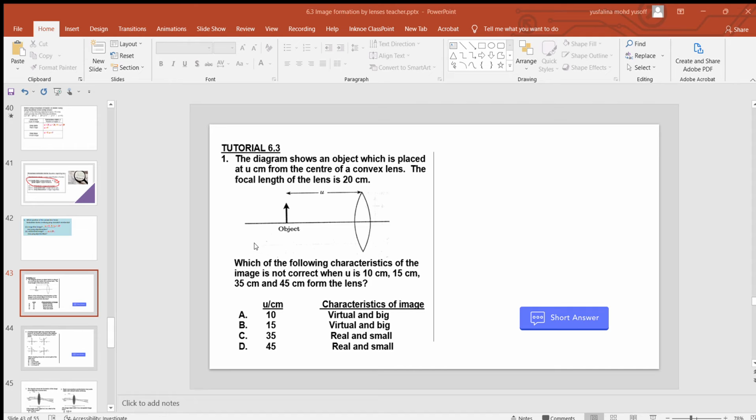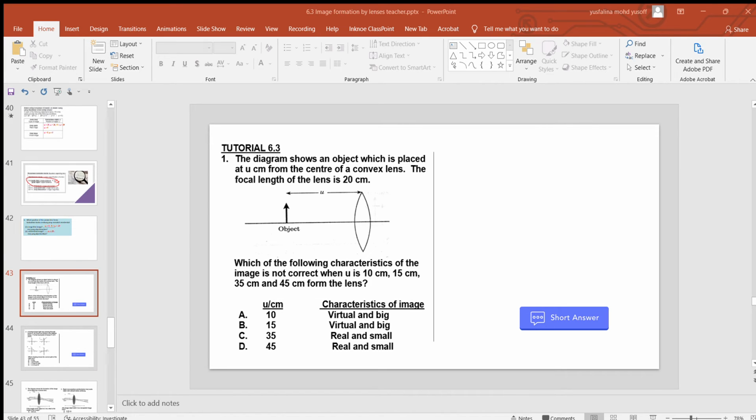From the lens to the screen, where the image is formed, is v. So this one is v and this one is u. From the object to the lens is u, and from the lens to the screen where the image is formed is v.